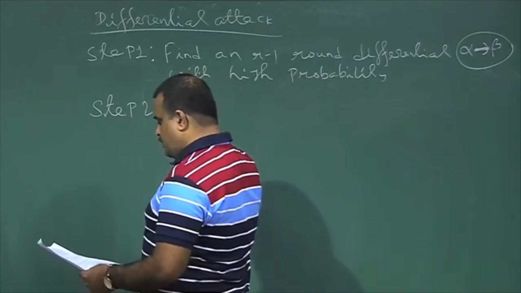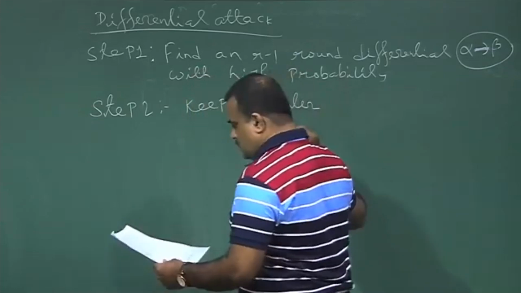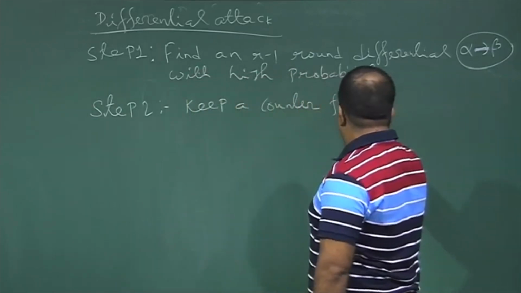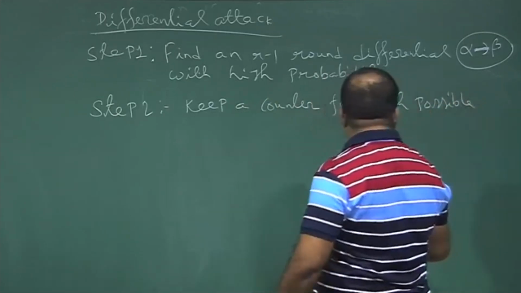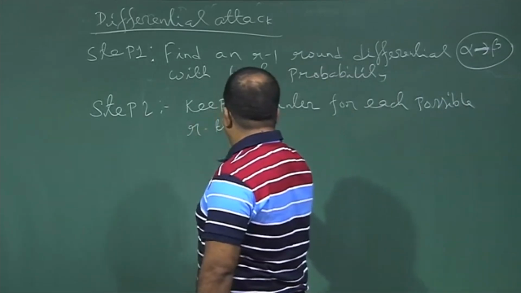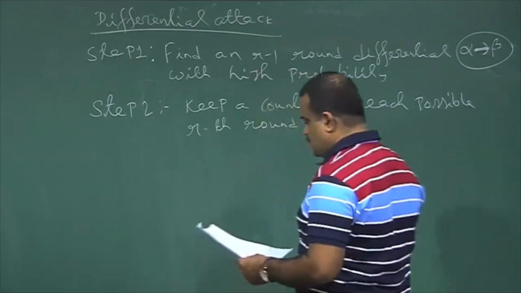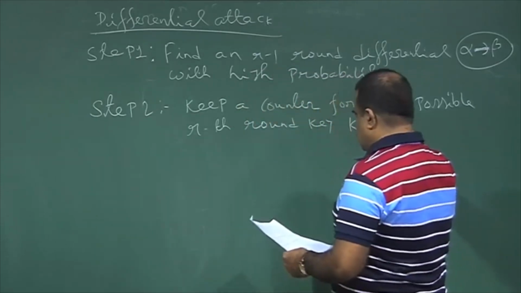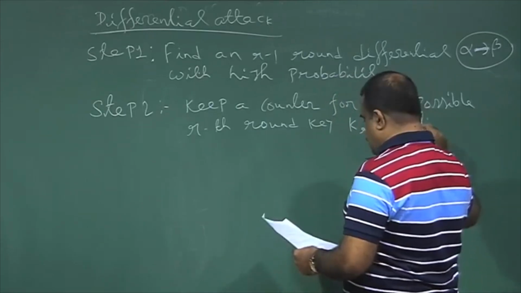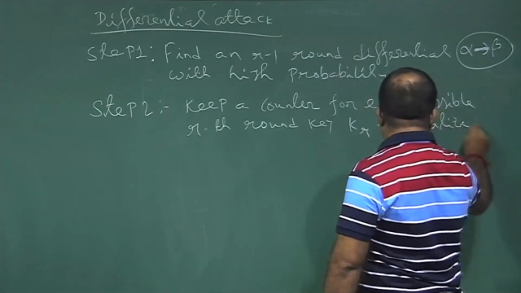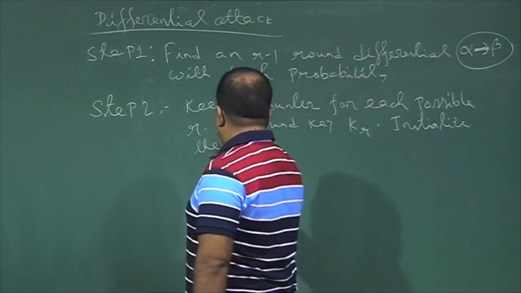For that we keep a counter for each possible rth round key K_R, and we initialize the counters to 0.